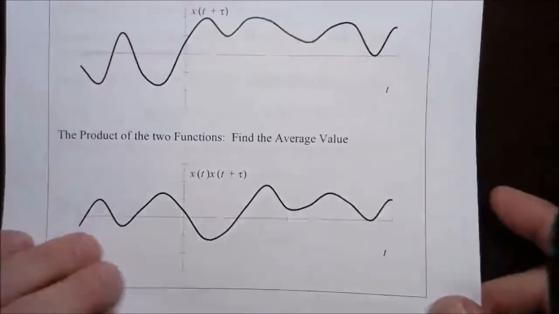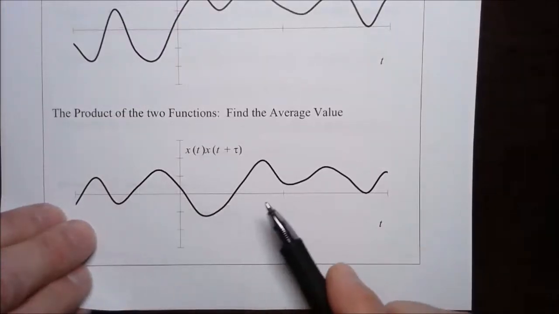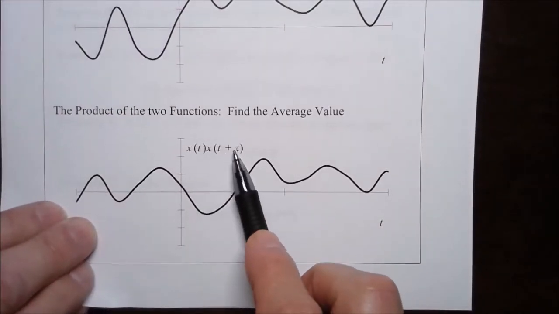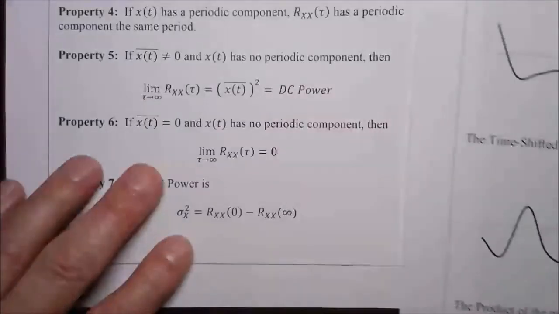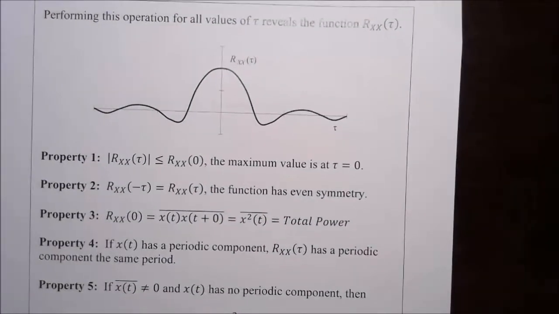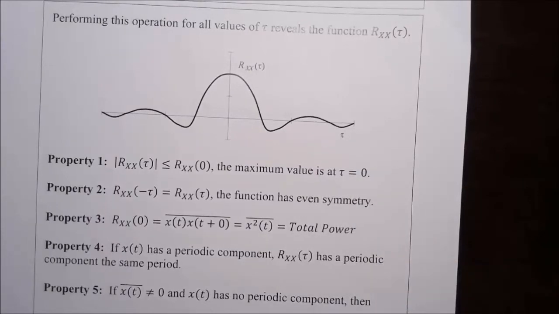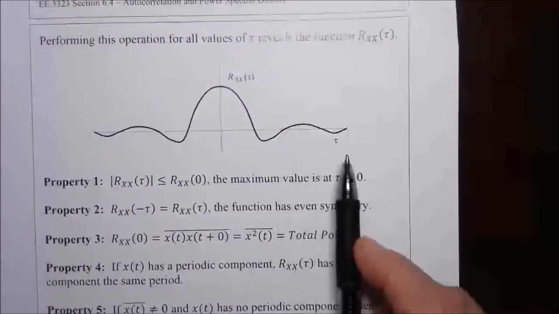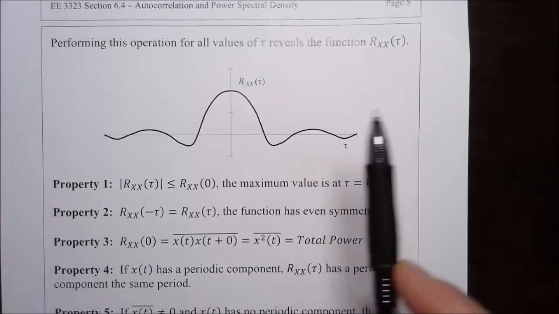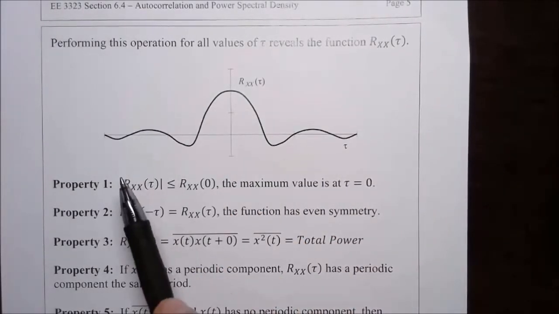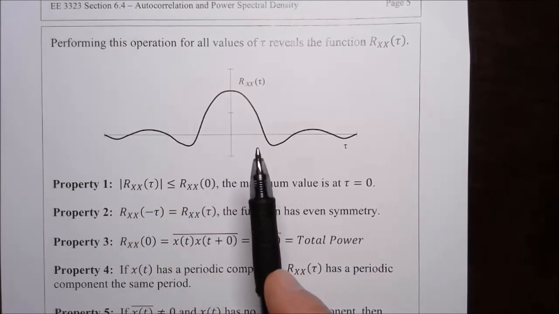Okay. Now, presuming that you can mathematically work that out, if you work out the autocorrelation for all values of tau and plot the value you get from the time average as a function of tau, perhaps you would get a function that looks something like this. And this is what an autocorrelation function might look like.